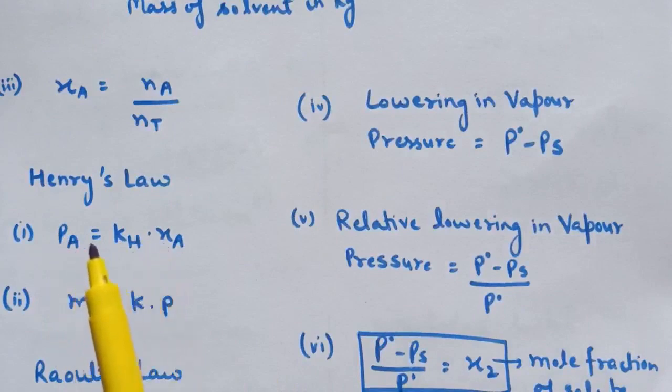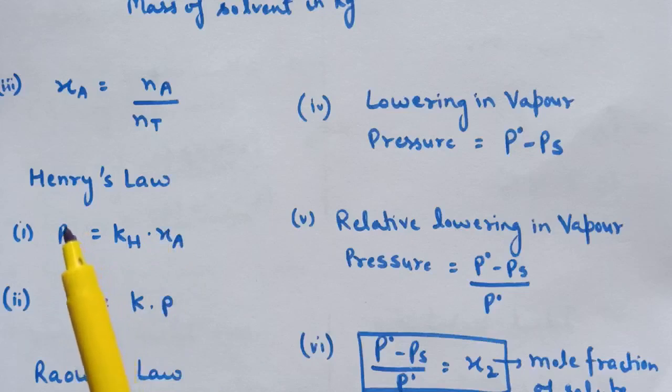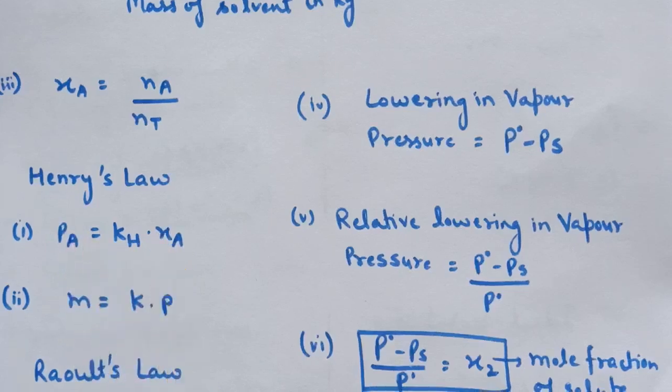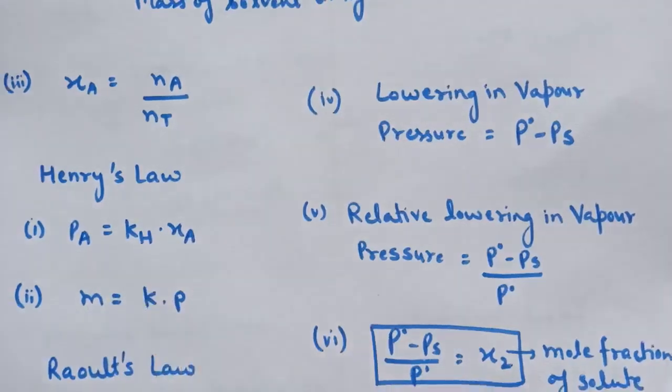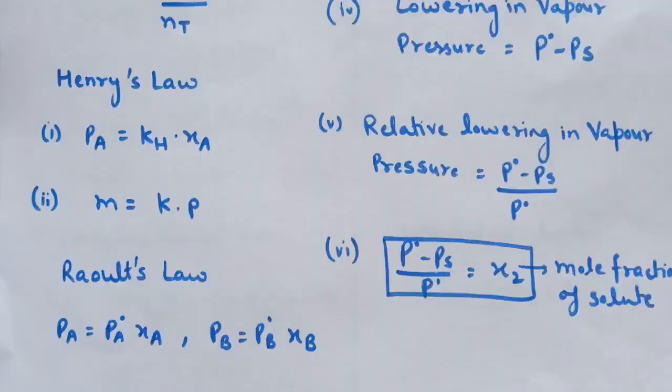First is PA equal to KH into XA, where PA is the partial vapor pressure of gas, KH is Henry's constant and XA is the mole fraction of gas in solution. Also we can use the formula m equal to K into P. Here K is constant, P is pressure of the gas in equilibrium with the solvent, and m is the mass of gas dissolved in a unit volume of solvent.